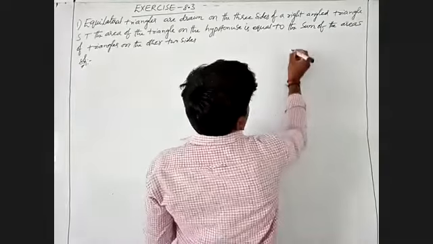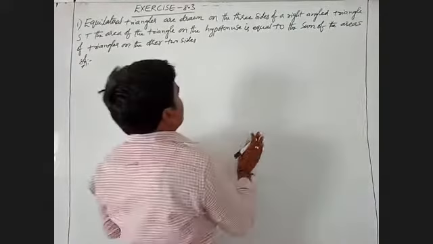Listen carefully. First, I will draw the diagram of this given statement. Equilateral triangles are drawn on the three sides of a right angle triangle. First, I will take a right angle triangle.